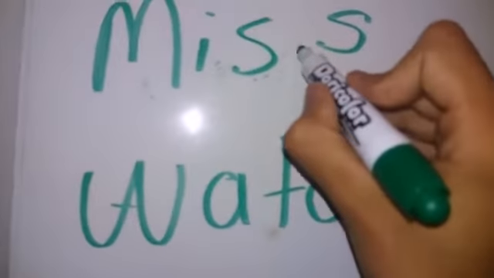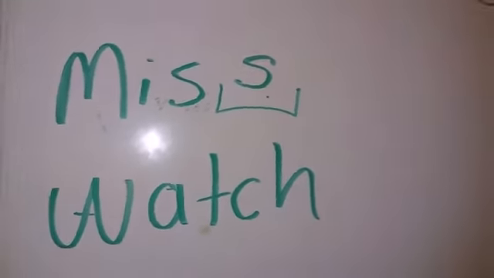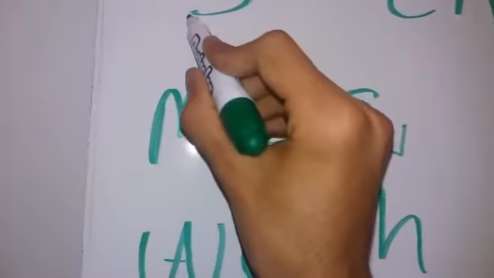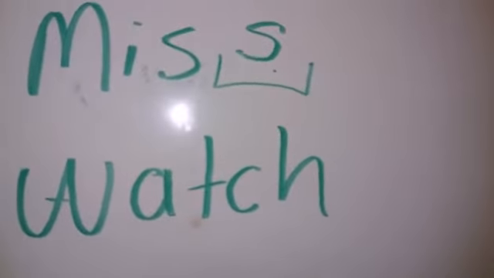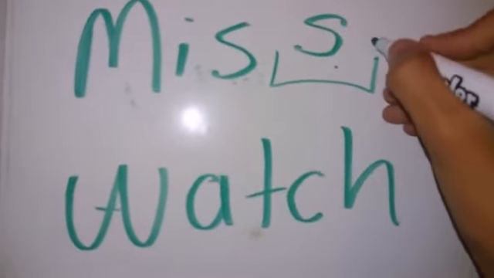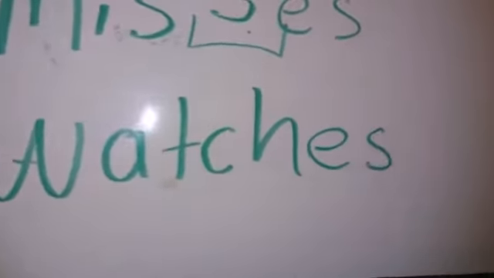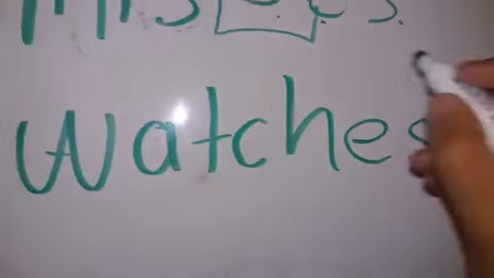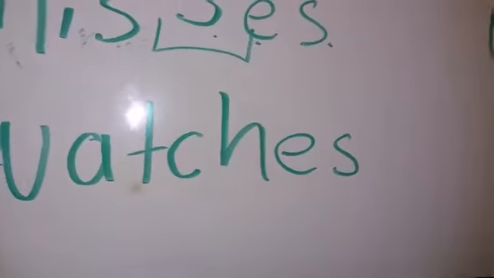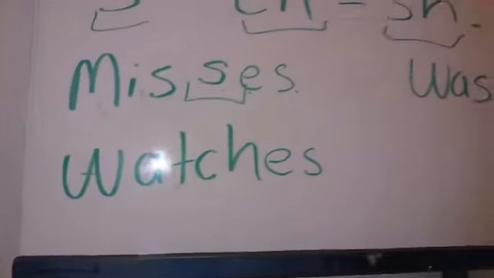For these verbs that end in s, ch, and sh, we add es. So, misses, washes, and watches for the third person in these verbs.